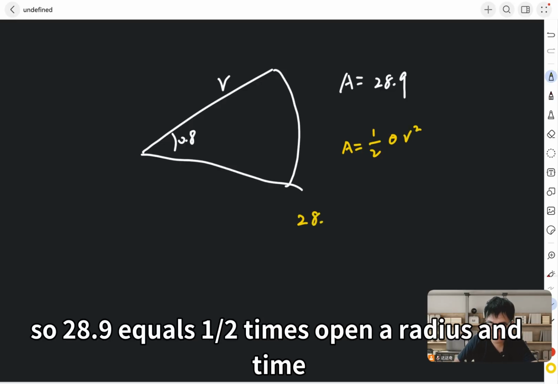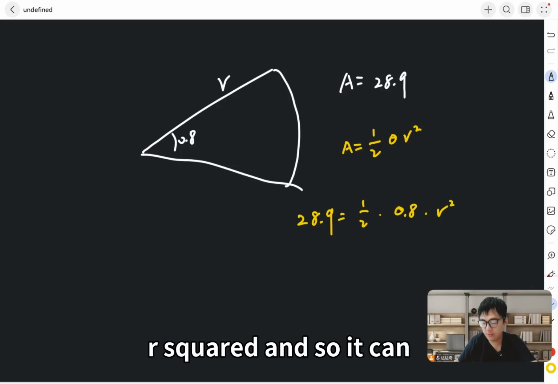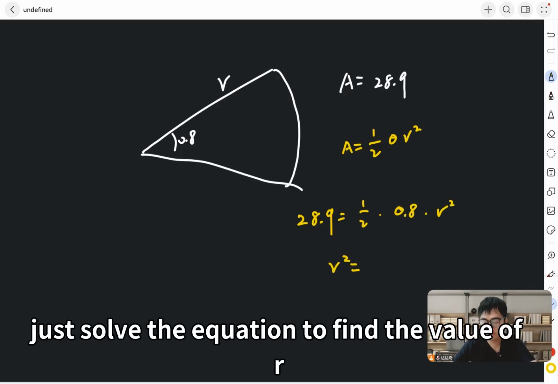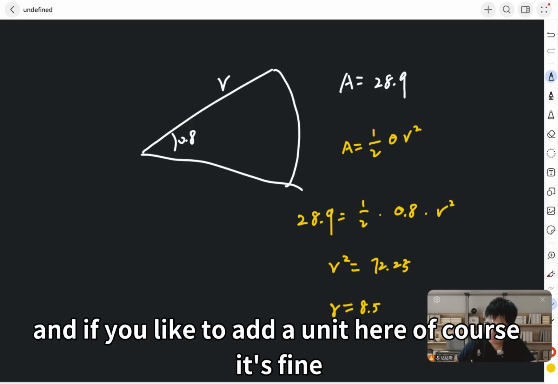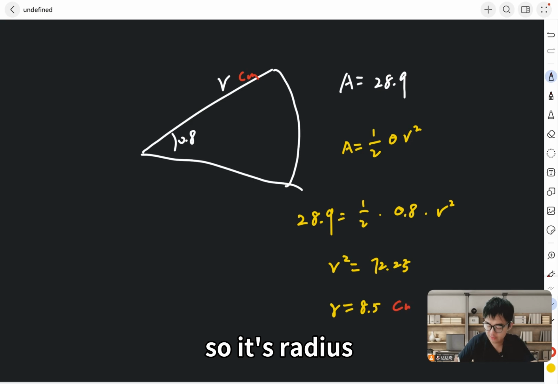So 28.9 equals 1/2 times 0.8 times r squared. Solve the equation to find r. So r squared equals 72.25, and r is 8.5. If you like to add a unit, the radius is in centimeters.